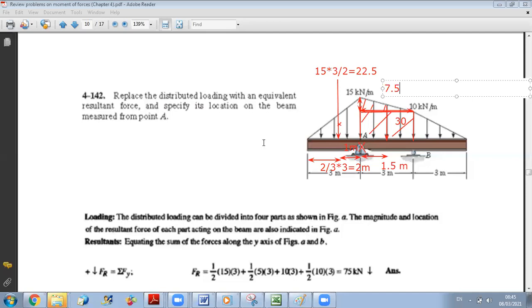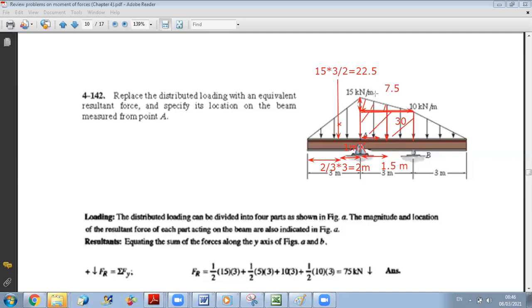And concerning the point of application, as we said, it's a triangle. So G is at 1/3 from the base. This is the base. And the total base length is 3 meters. So at 1/3 from the base, it's 1 meter. So it is acting at 1 meter from A. So I move 1 meter from A, and I put the equivalent force of the triangle, which is equal to 7.5.